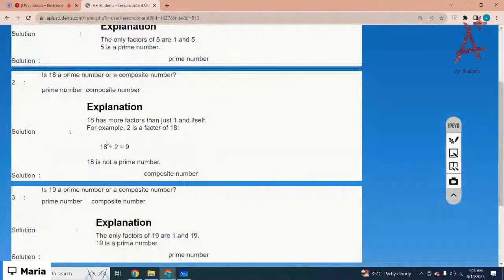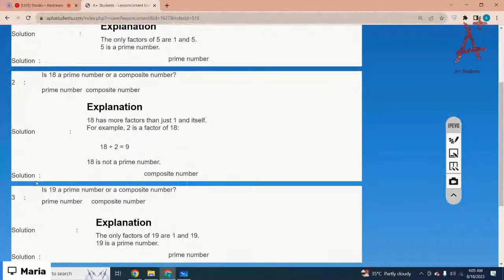You can see 18 divided by 2 is 9, right? So you have more than two factors for 18. That means 18 is a composite number, not prime.